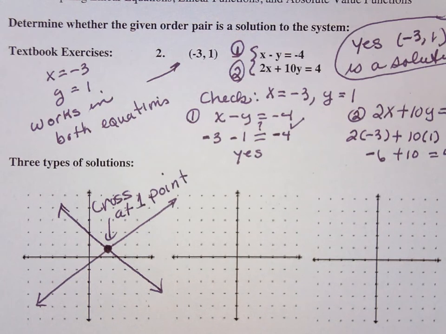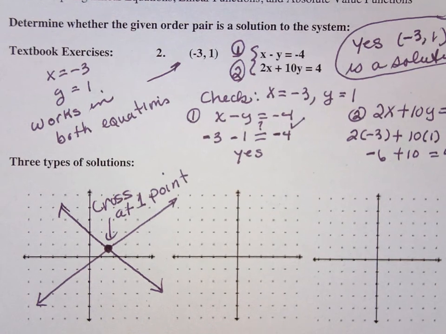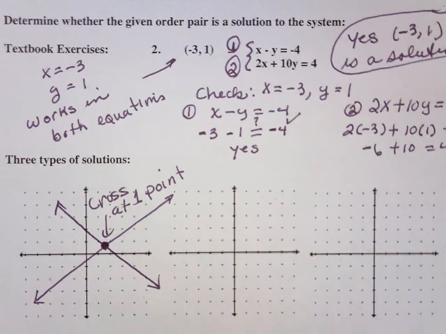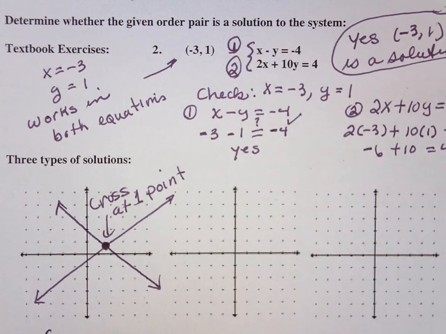If I were to graph those two, they would cross at negative 3, positive 1. So it crosses at one point. Its type is called consistent.